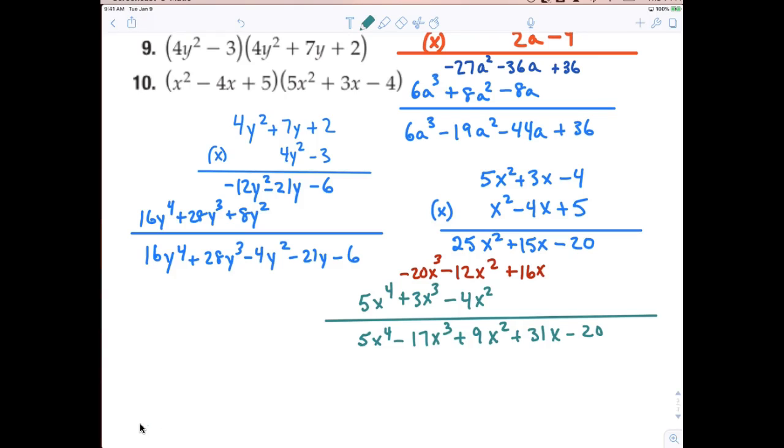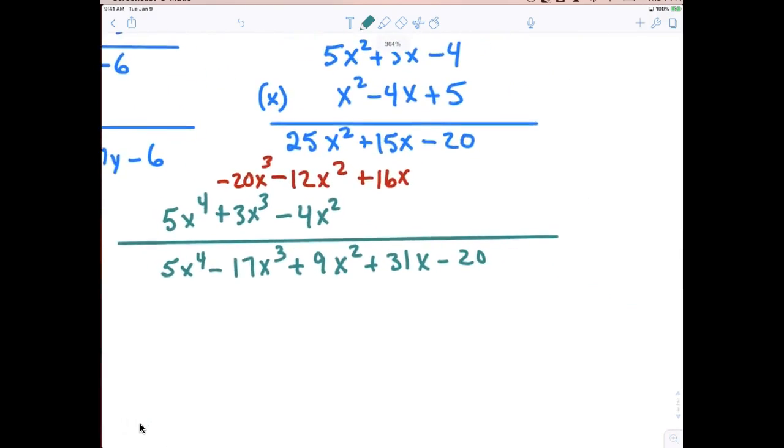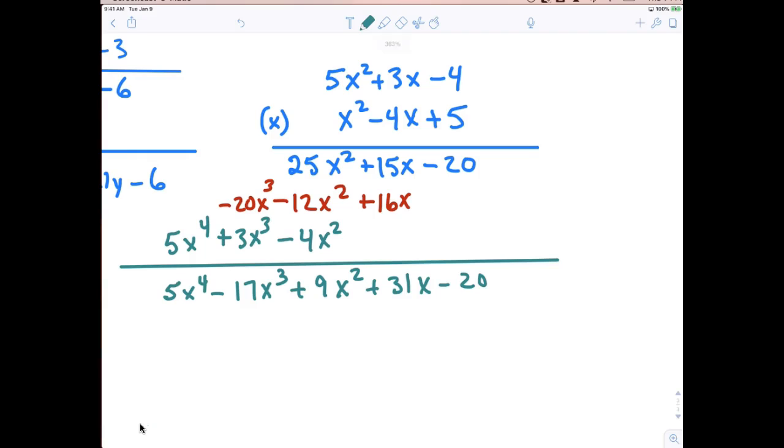Double check your work now. Anybody else agree with that? Oh, you have to put it under again. I just kept stacking it on that. Nope, you do not do that. That's not how we did multiplication. Stack things on top of each other.